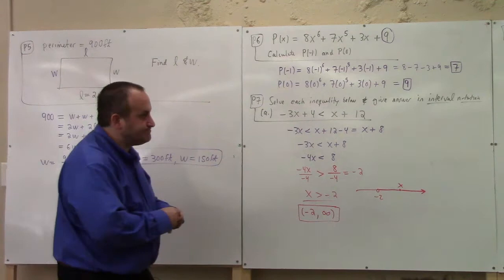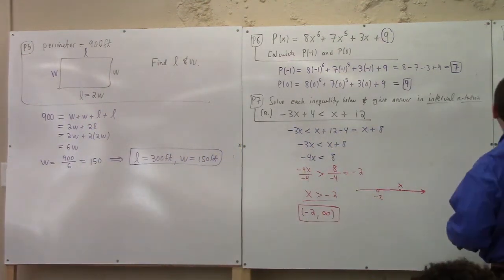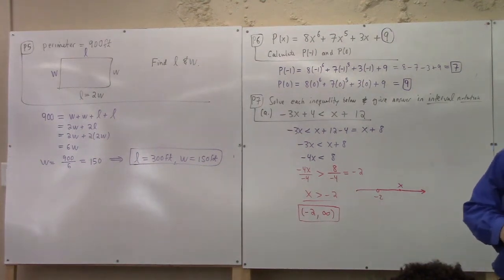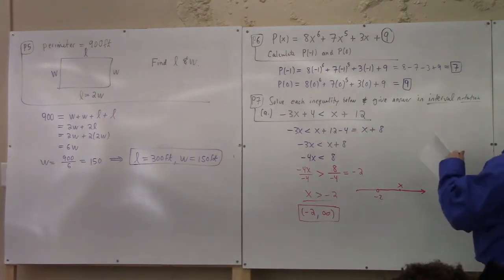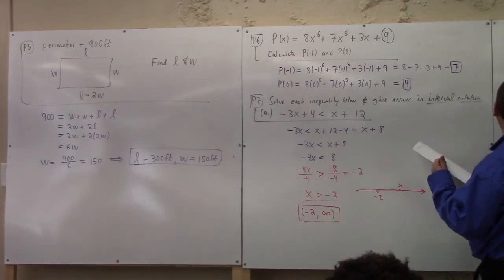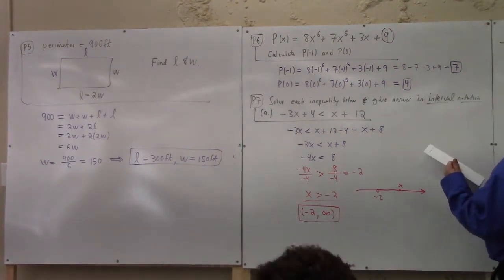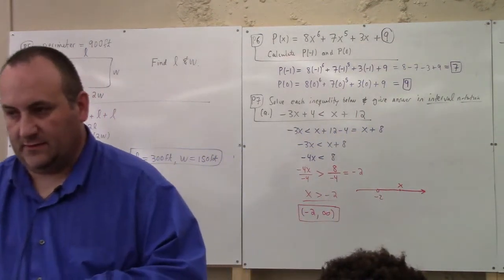All right? What's up next? Next we have the absolute value of 3x plus 2 less than 1. So how do we solve such an inequality?